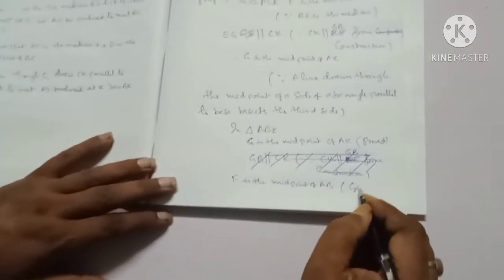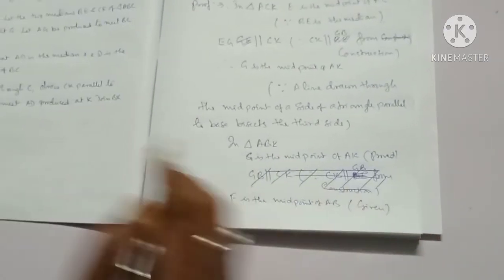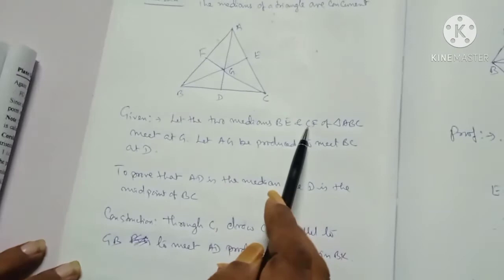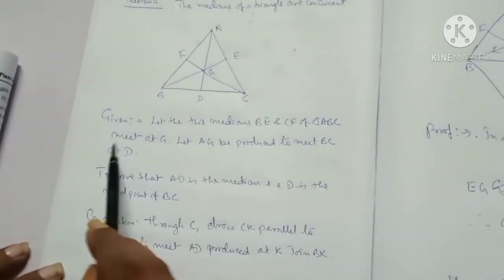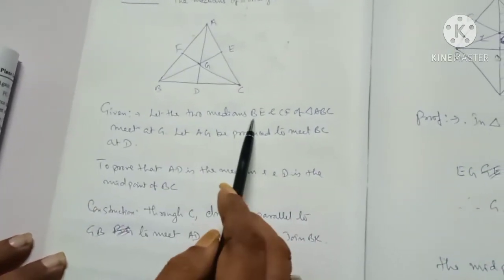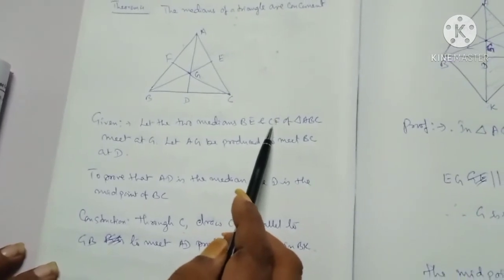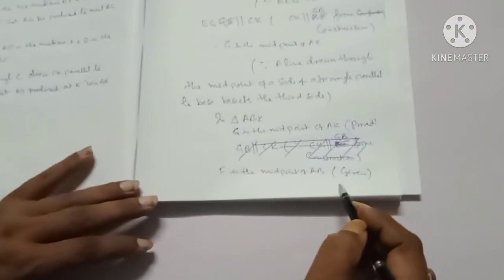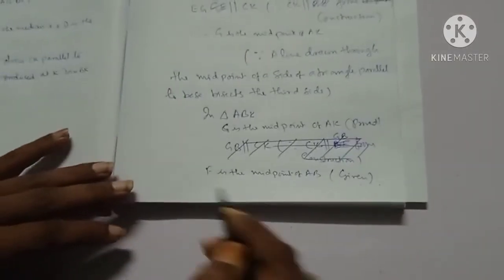This is given: let the two medians BE and CF of triangle ABC meet at G. Median CF means F is the midpoint of AB.